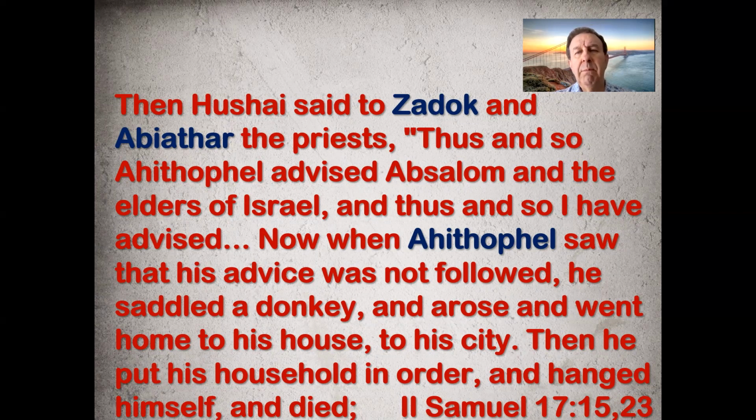He tells them the advice that he had given and the advice that Ahithophel had given, and the fact that his advice had been accepted, and he wanted to get word to David. So they send the two sons, one of Zadok and one of Abiathar, to David with information. They're going to tell him what the plans are.